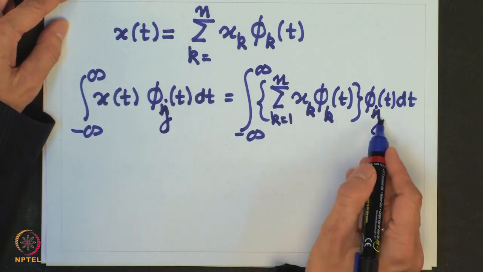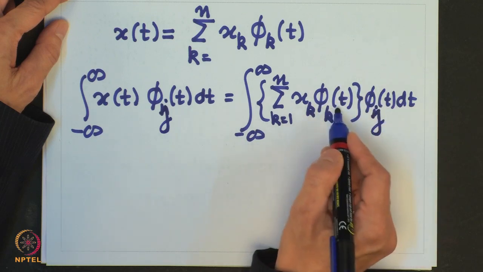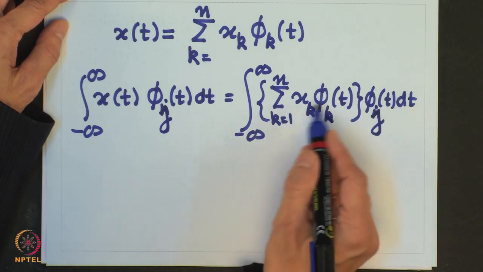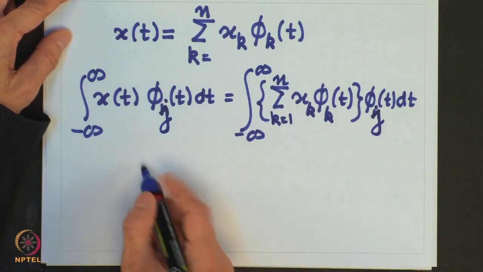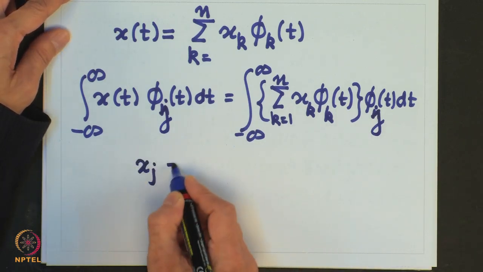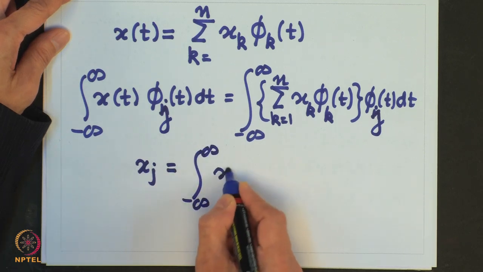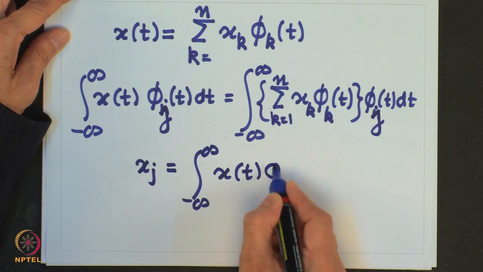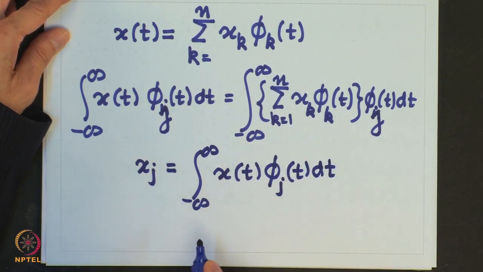So, only when k is equal to j will this integral of phi k(t) phi j(t) dt be equal to 1. So, from this what we get is that xj is equal to the integral of x(t) phi j(t) dt.